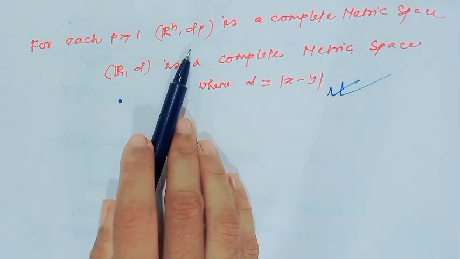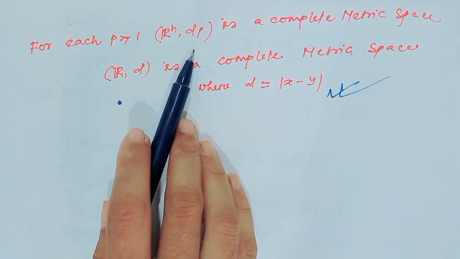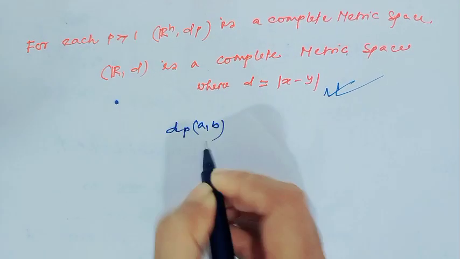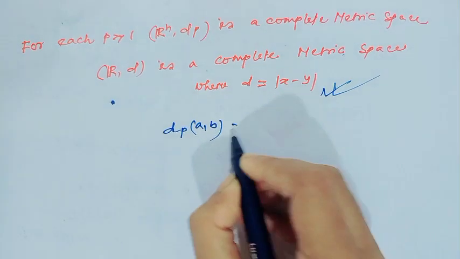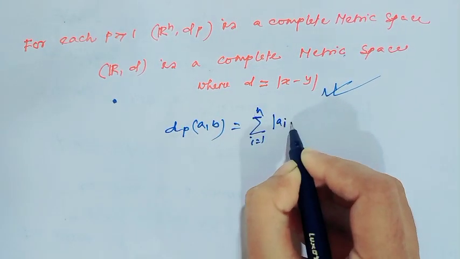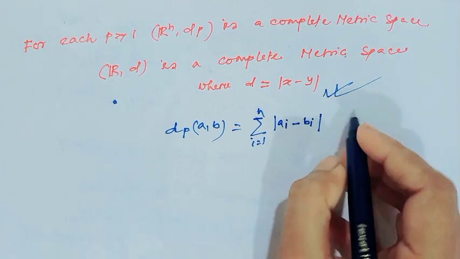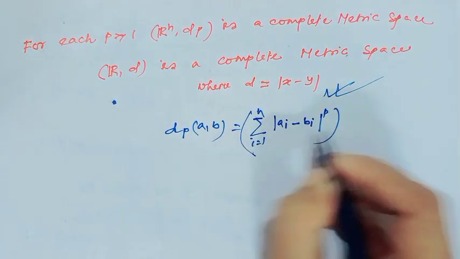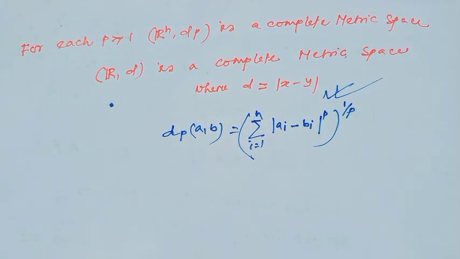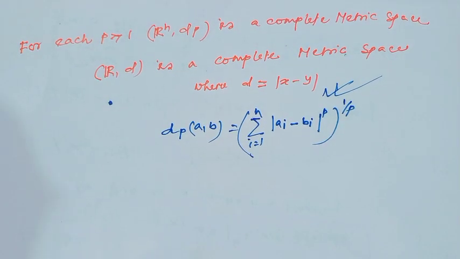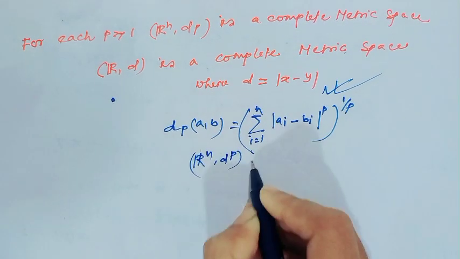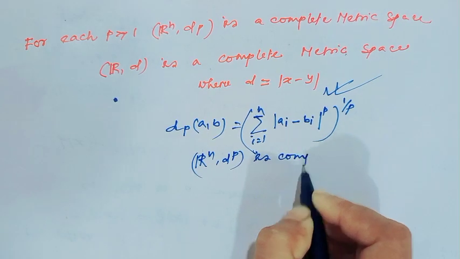Now I will see R^n with respect to the dp metric, where dp is defined as the summation i equals 1 to n of the absolute value of ai minus bi to the power p, all to the power 1 over p. We have to prove R^n with respect to this dp is a complete metric space.